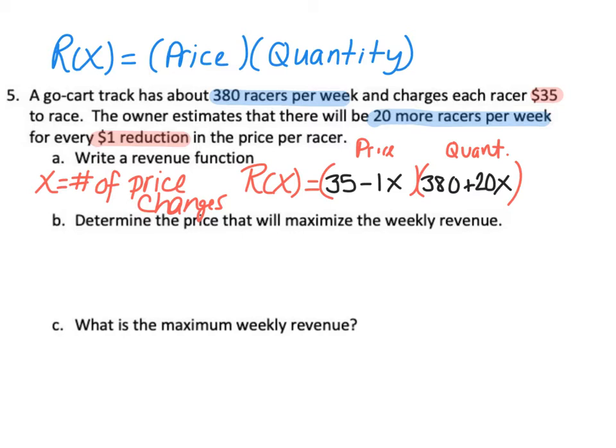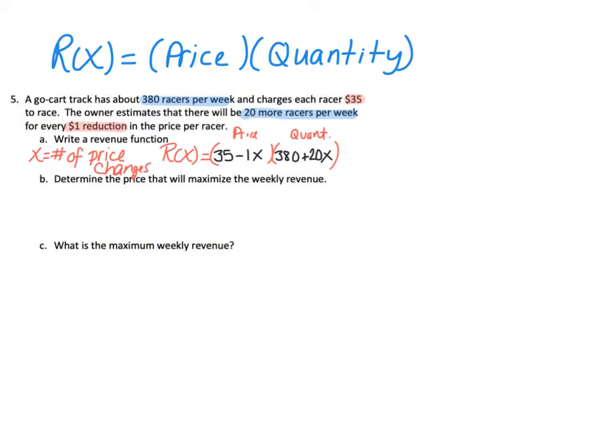What I want you to do now, though, is change this to standard form. So you're going to need to do some distributing to get that done. So I zoomed in here to give myself a little more space. What I need to do is distribute the 35 to the 2 things in the second set of parentheses. So to change it to standard form, this is going to be 35 times 380.